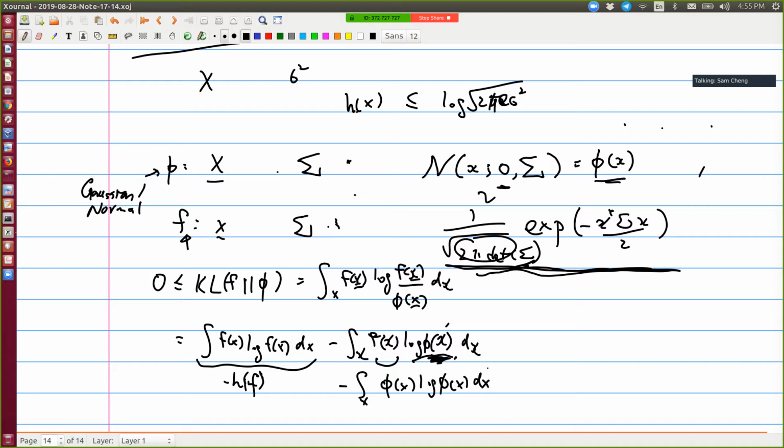I'm not sure I explained it clearly, but do you all agree with me? Because both of these two distributions have the same covariance, and this log phi only depends on the covariance, then of course these two are identical, right?